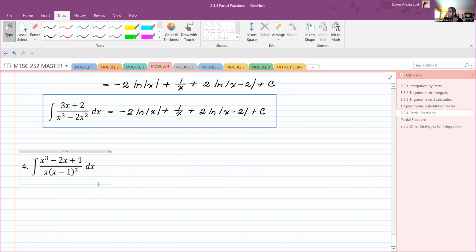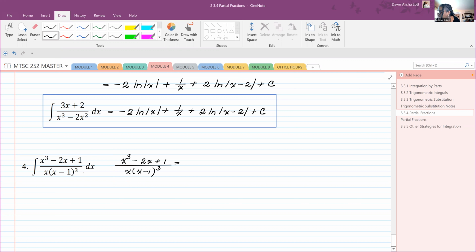So as you can see, we're going to have x cubed minus 2x plus 1 over x times x minus 1 cubed.